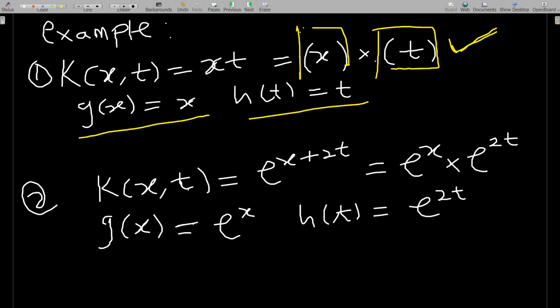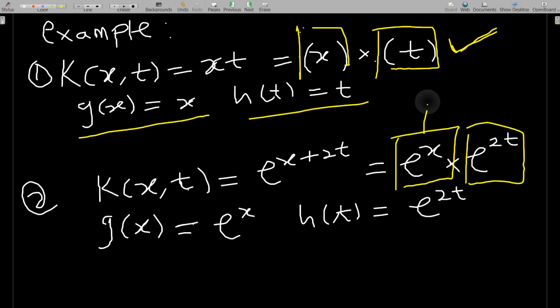This is very simple. If you have k of x t equal to e to the x plus 2t, then from indices we can break e to the x plus 2t as e to the x times e to the 2t. This is a function of x alone, our g of x, and this is a function of t alone, our h of t. This is what we mean by a separable kernel.